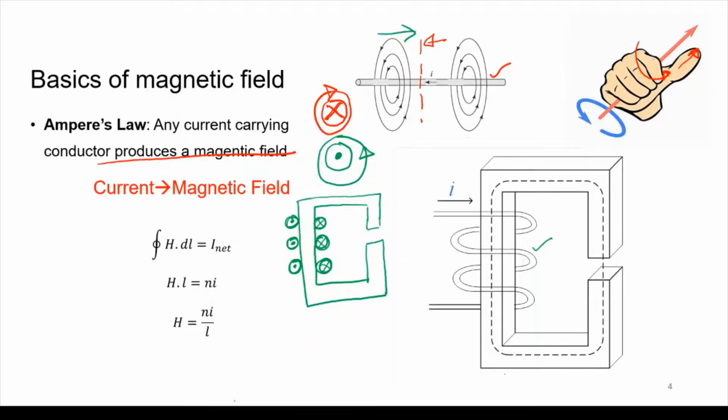Now let us look at the first turn. What will be the direction of the magnetic field? So let us say it's here, dot and cross. So because of cross, there is a clockwise magnetic field, and because of dot, there is anti-clockwise.